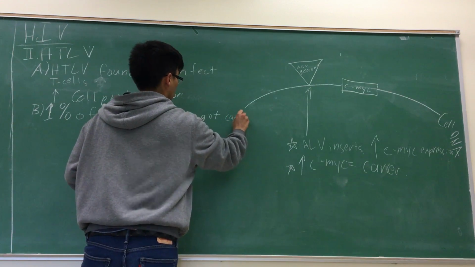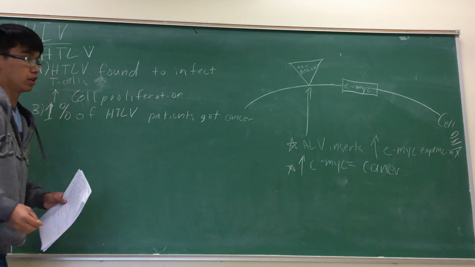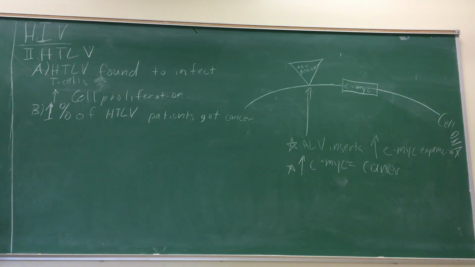So you can see how the discovery of something like ALV led to the discovery of HTLV, which is why Dr. Samuel started off with ALV. He's trying to illustrate that people found ALV, a virus that causes cancer, and it does so by insertional mutagenesis.